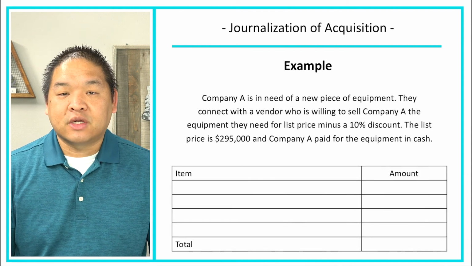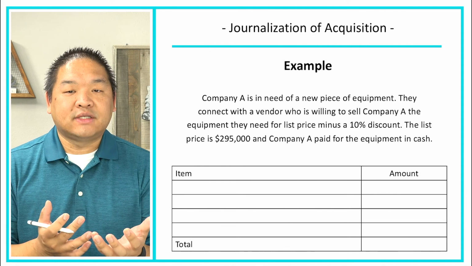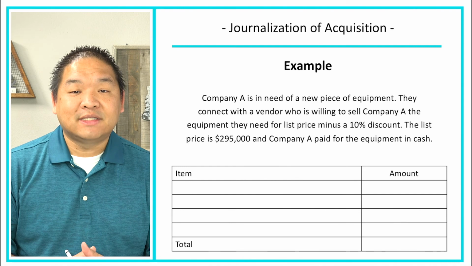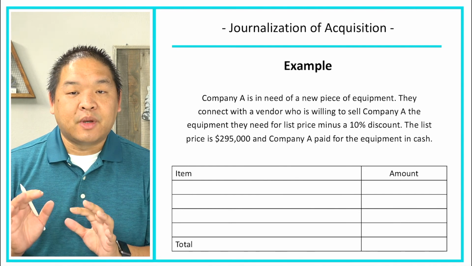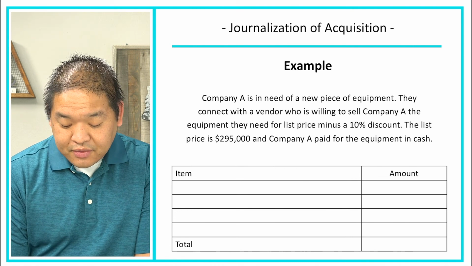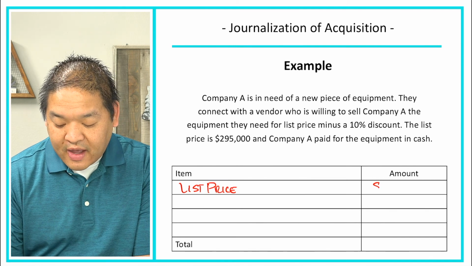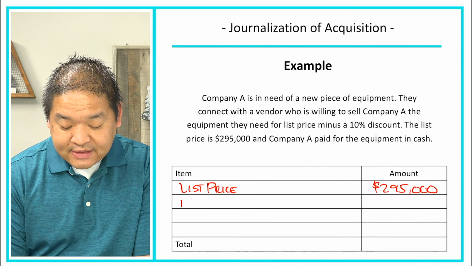The first part here is we're going to look at just the cost of the equipment, or the initial cost of the equipment that we had to pay to the manufacturer. So if you remember, we paid $295,000 minus a 10% discount. So I'm going to break it down here in our calculation. We're going to put here the list price. So the list price here is going to be $295,000. And then in addition to that, we're going to get a discount.